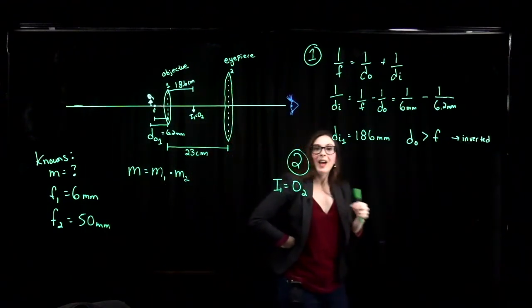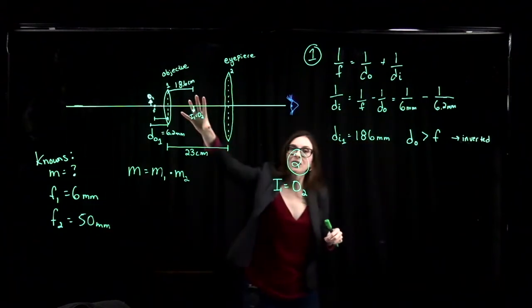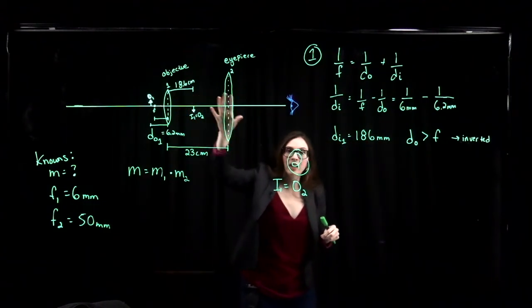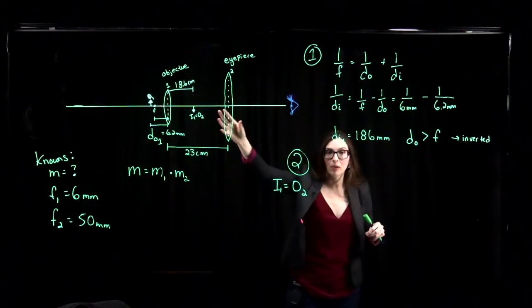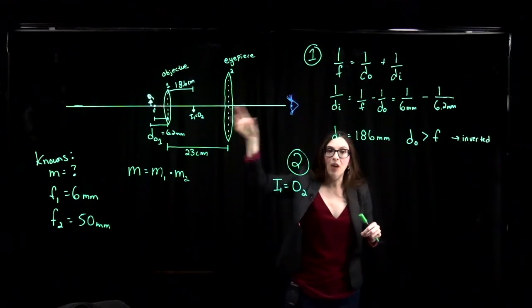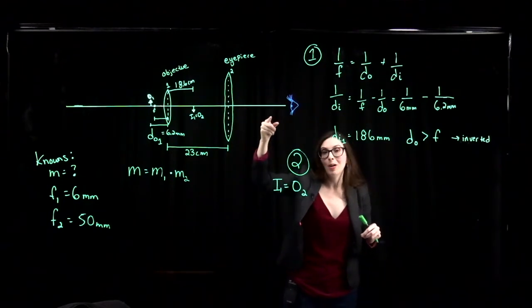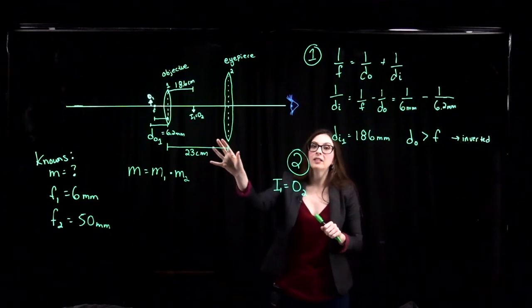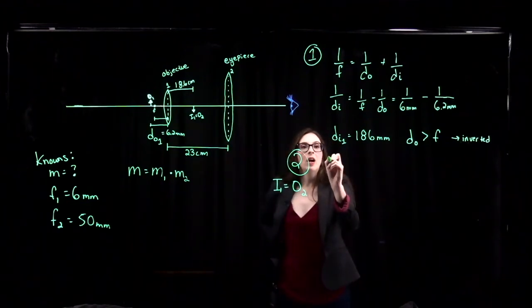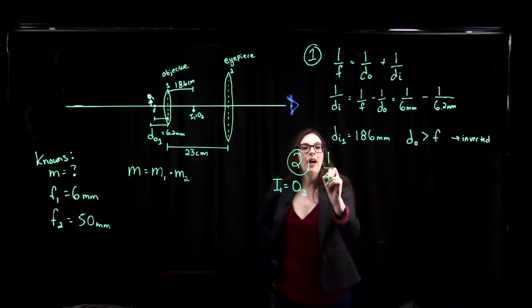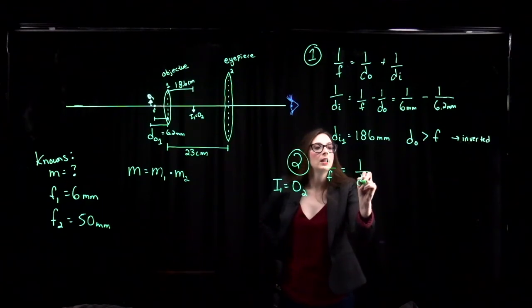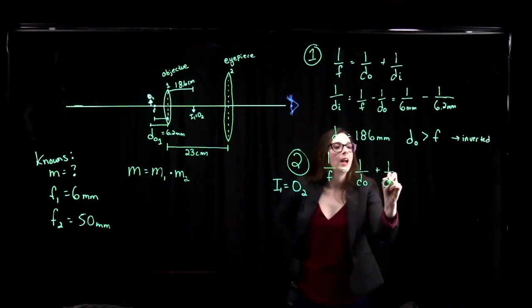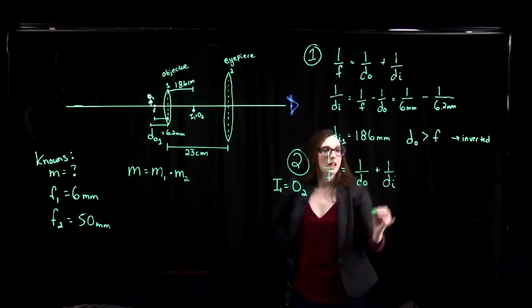Using this as the object, I can figure out where the image should be for this eyepiece, which is going to be the final image that I actually see with my eyeballs. The next step is to apply the thin lens equation to my second lens, my eyepiece. I've got 1 over f equals 1 over dO plus 1 over di. I need to solve for di here.